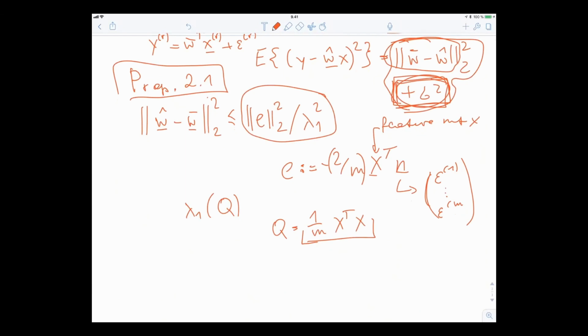Okay. Yeah, by the way, what can we say about this matrix Q? What special properties does this matrix Q have? Is it symmetric? So let's look at Q transposed. 1 over m is 1 over m, and then we use the rules for transposition. Yes, it is Q. So it's symmetric. What else can we say? It's symmetric, and is it positive definite?